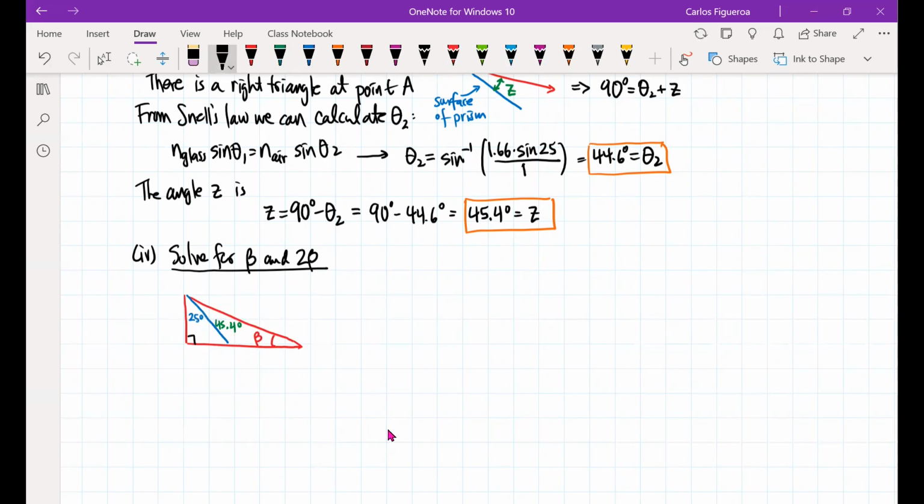This tells me that 90 degrees has to equal 25 plus 45.4 plus beta, which, if I do this numerically, gives me a value of 19.6 degrees for beta. But we are not interested in beta, we're interested in 2 beta. And 2 beta is then 39.2 degrees. And this is the angular spread.